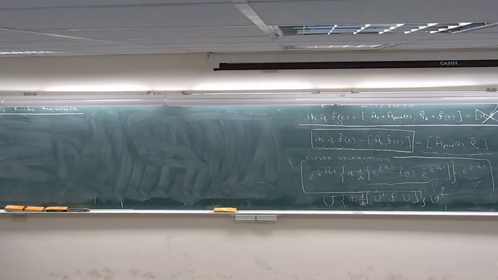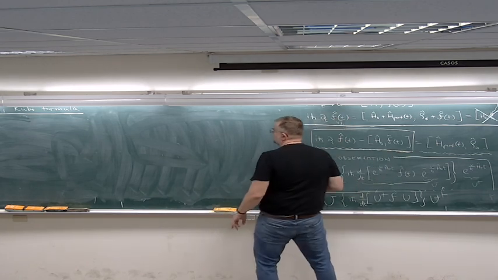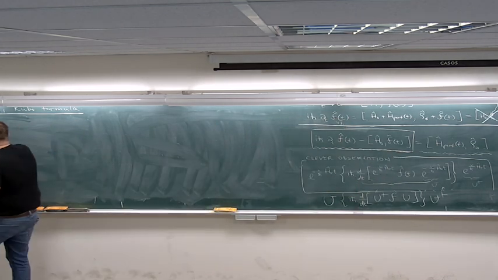So I can write it like that: the total derivative of U dagger of U, and I am now multiplying this equation.